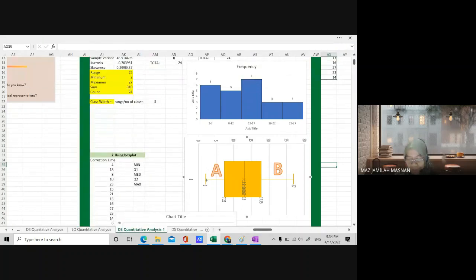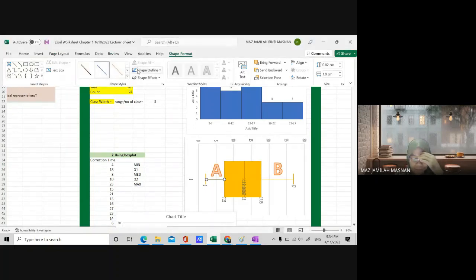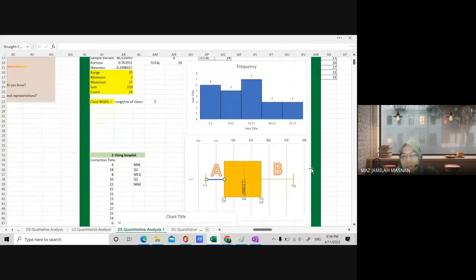I'm talking about this. What can you tell about whisker A and whisker B? Can someone please answer?